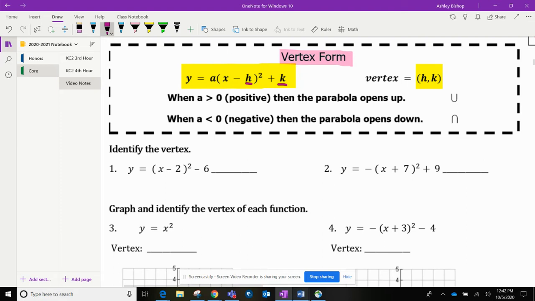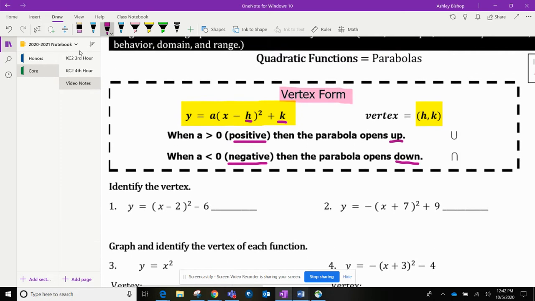Then we're going to determine if our parabolas open up or down. So our parabola opens up when A, the number in front of our entire equation, is positive, and when the number in front of our entire equation is negative, it's going to open down.